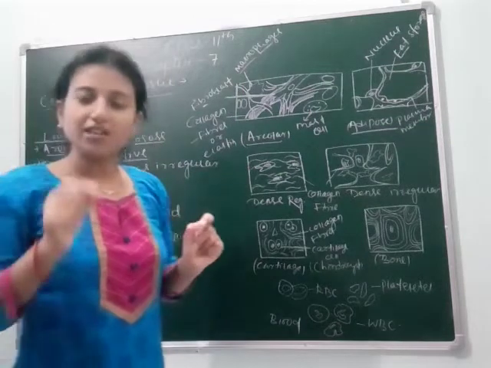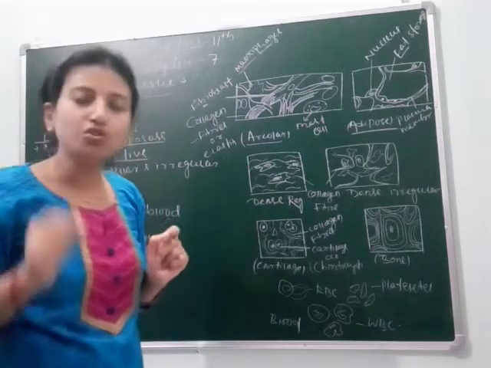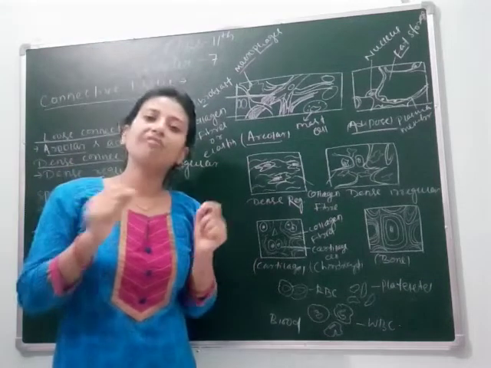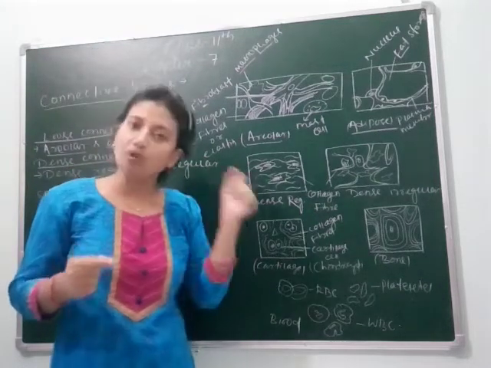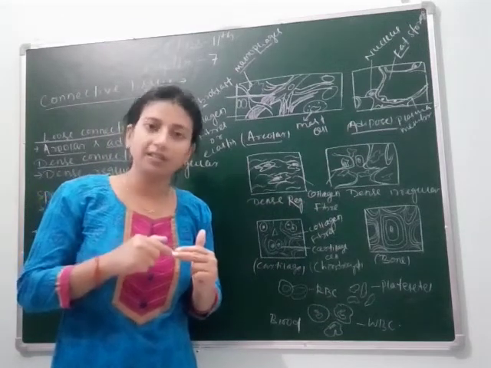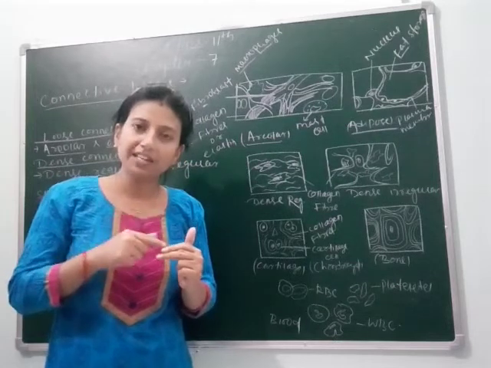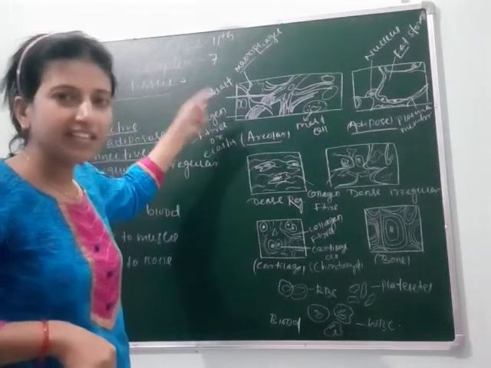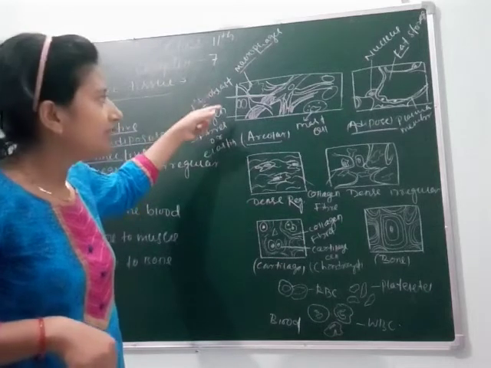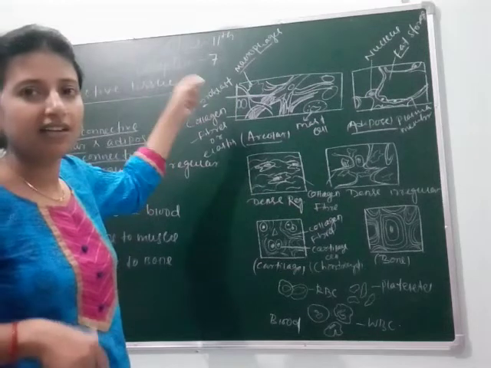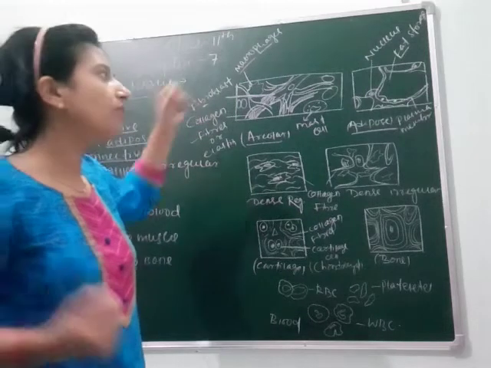Listen students, we are studying loose connective tissue, which consists of areolar and adipose. Both these tissues are situated just beneath the skin. Their function is to give immunity and strength, and to secrete some proteins which help in engulfing antigens or microorganisms.